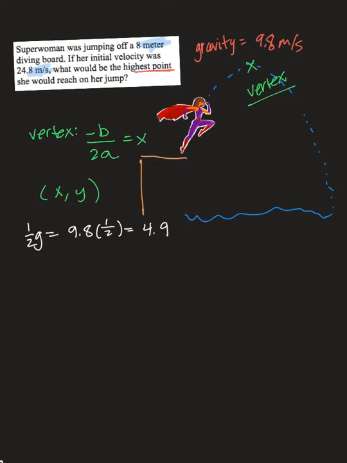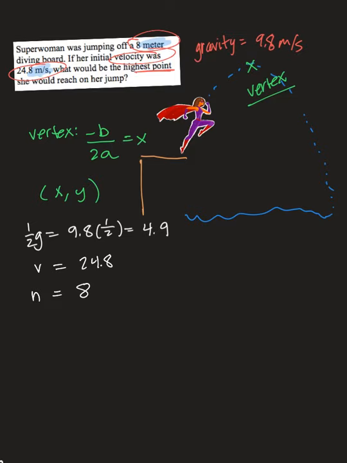Okay, and then the next one that we need is our velocity. So our V is given in the problem, 24.8, as we can see right here. And then she's jumping off an 8-meter diving board. That's our initial height. So our H is 8.